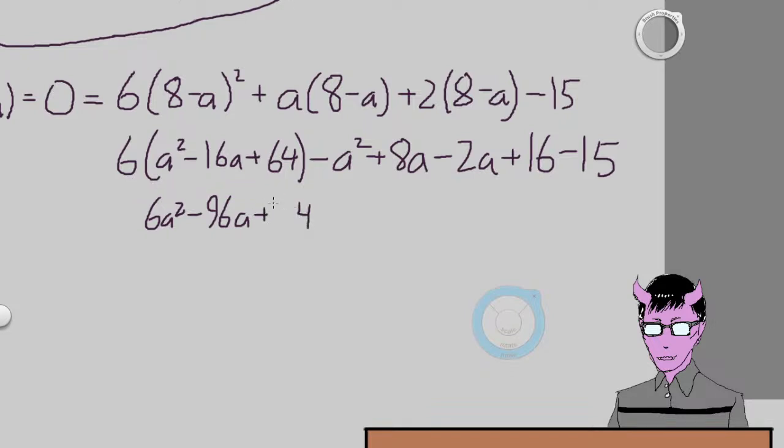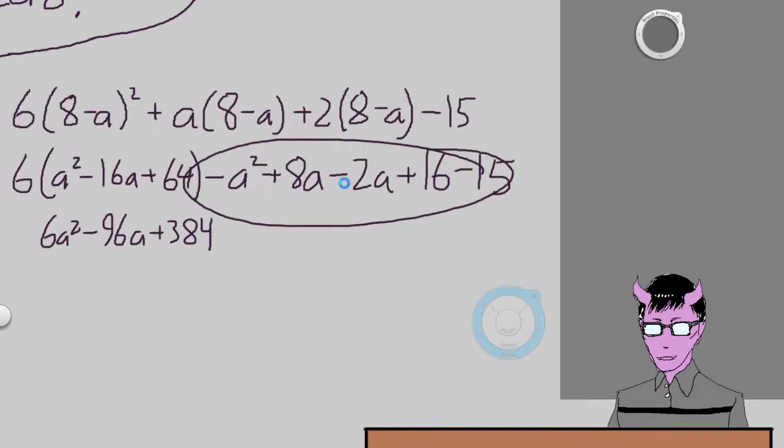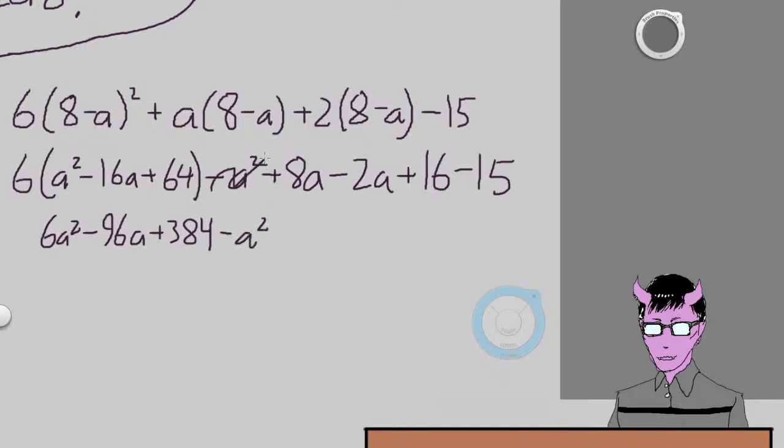Carry the 2, 38, yes, 38, 4. Okay, that's a minus a squared. Cross it out. These two are combinable, thereby giving us plus 6a. So it gives us plus 1.